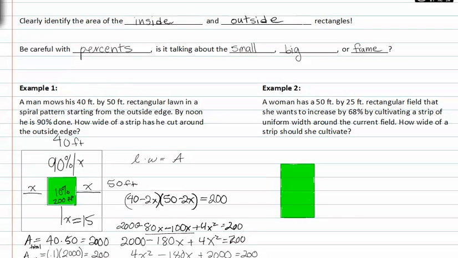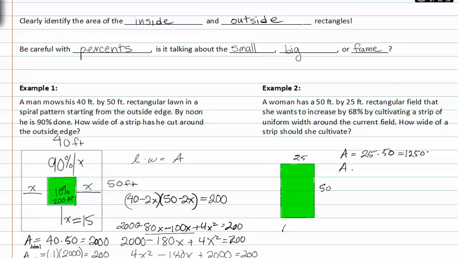In example 2, we have a woman who has a 50-foot by 25-foot rectangular field. If we want to know the total area of this field, it's 25 times 50, which equals 1,250 square feet. It says that she wants to increase by 68%.